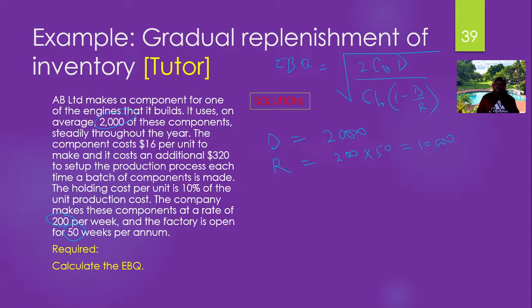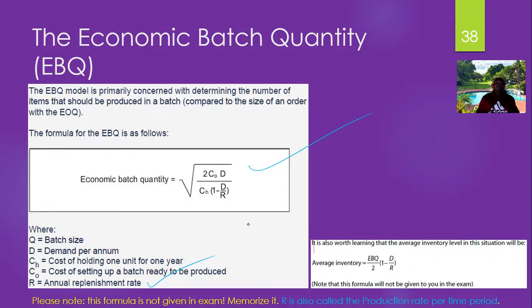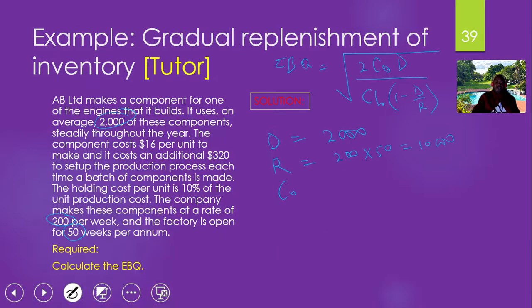Okay, and we also need to determine the other variables there, the CO and the CH. We need to know those ones. What is the CO from this one? CO is the cost of setting up a batch ready to be produced, and we are given that value.